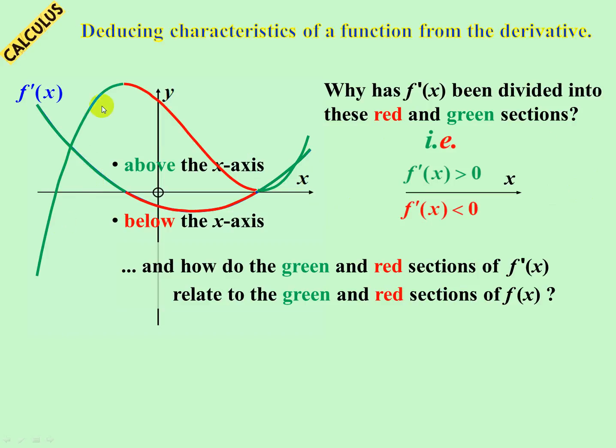How do these sections relate? Where f prime is green, above the axis, the function is increasing, positive gradient. And where red is below, where the derivative is less than 0, the function's decreasing, the negative gradient.